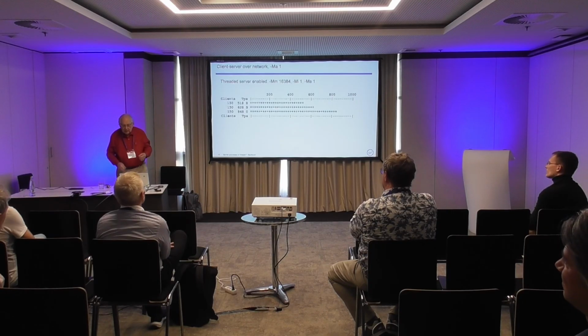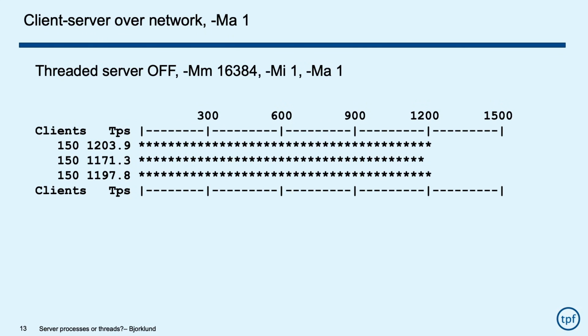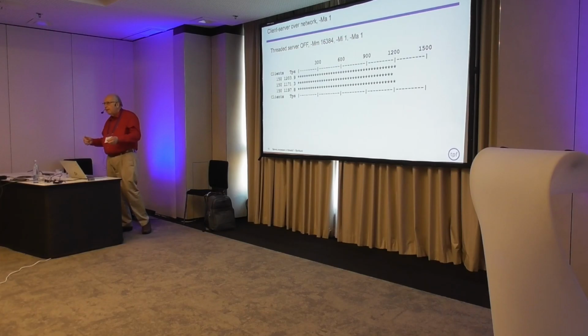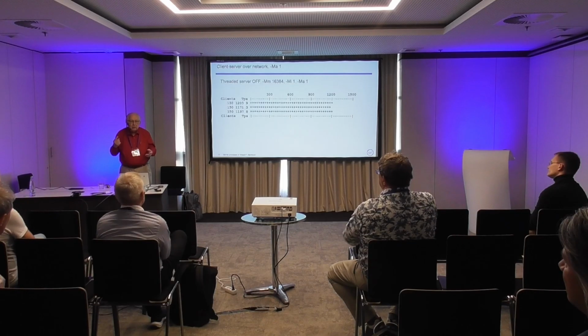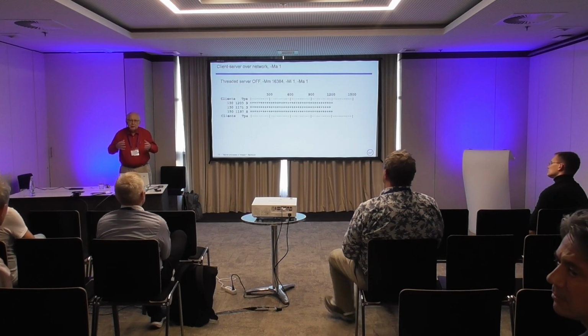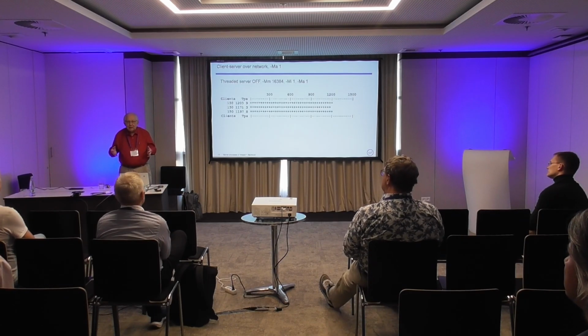And in this case, same thing, but with the threading turned off, you get one client per server, 150 servers. So the number of processes are the same here, but it's dramatically different. Right. So each server process, whether it's threaded or not, is serving a single client. So they should be able to give you the same result.